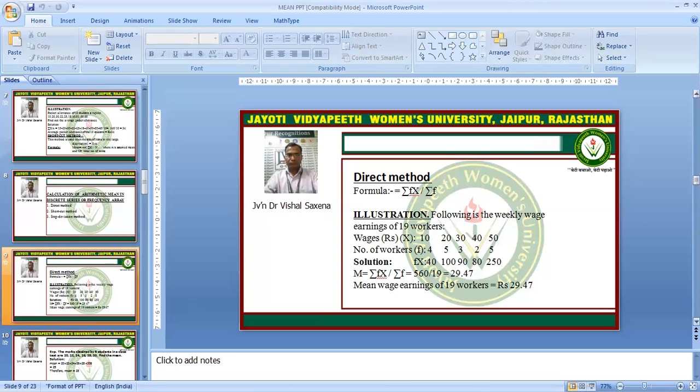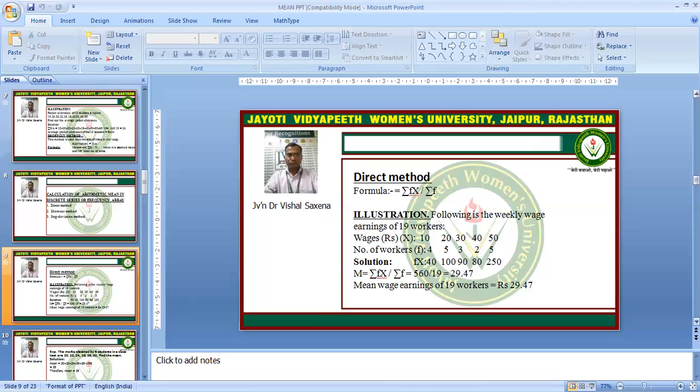As already given in the question, there are 19 workers, so 19 is the value of summation f, while the value of summation fx is 40 plus 100 plus 90 plus 80 plus 250, and this becomes 560. So the mean is 560 upon 19, which is equal to 29.47.